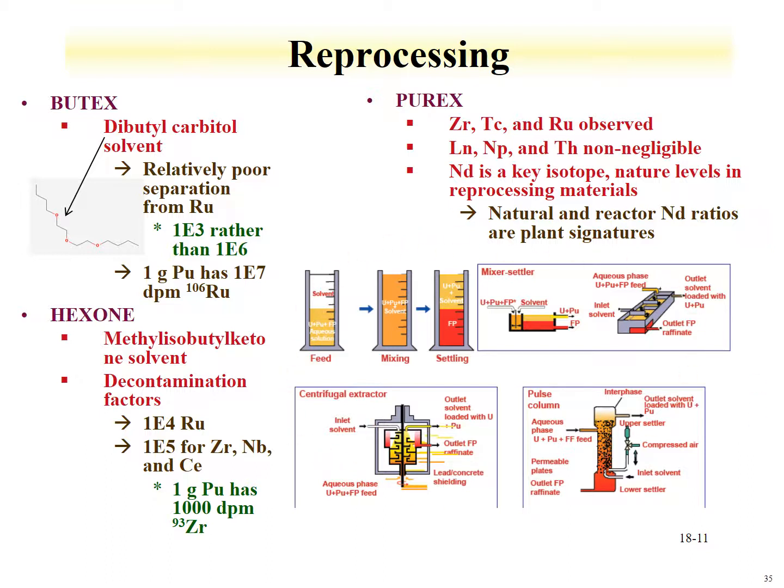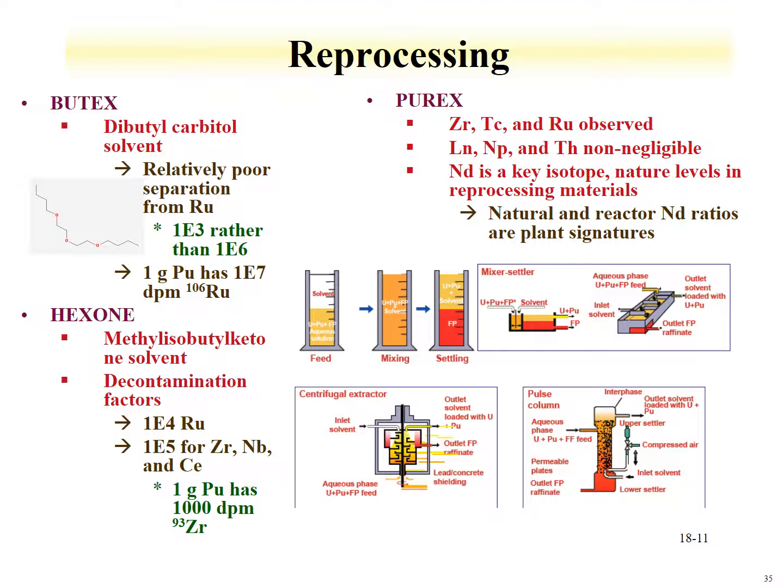And this is a review of some of the separation routes that are used in solvent extraction in an industrial process, where you could have mixer settlers, where the solvent and aqueous phase are mixed, they phase separate, and then one could pull off a certain phase that contains the actinides, and then the fission products go another route. A centrifugal contactor, where you have an inlet for the solvent and an inlet for the aqueous feed. The materials are mixed and separated in the contactor, and then the solvent is loaded with your target material.